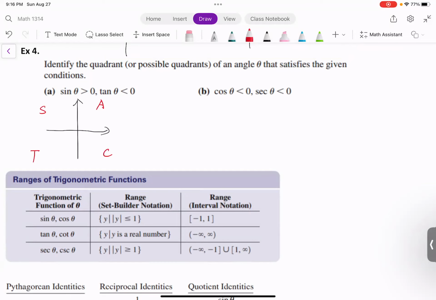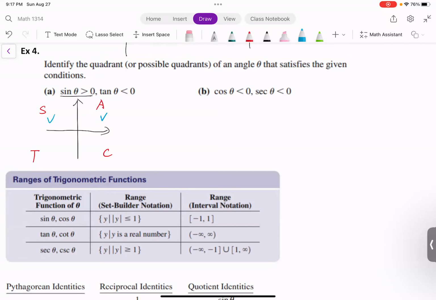ASTC. So the first information is that sine theta is greater than 0, sine is positive. I will use the blue to check where the sine is positive. I know everybody is positive in the first quadrant, and sine theta positive could also be the second quadrant.